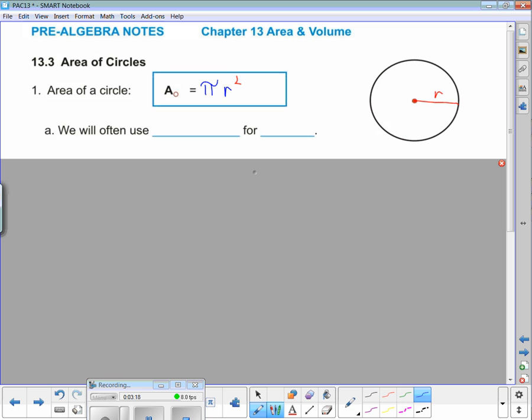Your book is still using, as Alexandra also mentioned, the value for pi, and that is, say, class? 3.14. That's really a little bit of a round off. You actually have a pi button on your calculator, but to keep all our answers looking the same, we're just going to use the 3.14. So it's an easy formula. All we really need is the radius, and voila. So we often use 3.14 for pi. Okay?